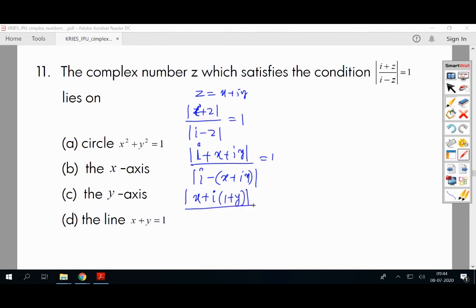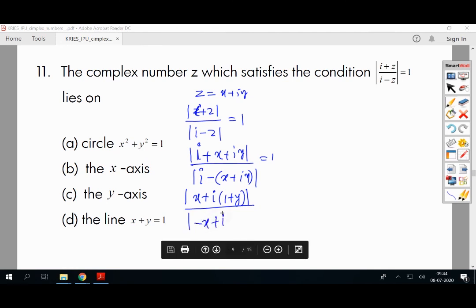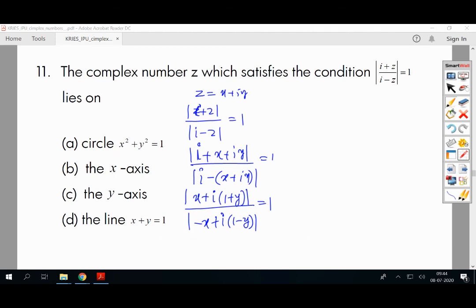ಈಗ modulus ತಗೊಳ್ಬೇಕು ನ್ಯೂಮರೇಟರ್ ಅಲ್ಲಿ. So modulus of that, it is square root of real part's square. It is x square plus 1 plus y the whole square you get, right? Divided by denominator ge modulus tagoli, square root of minus x the whole square is x square plus imaginary part is nothing but 1 minus y square.